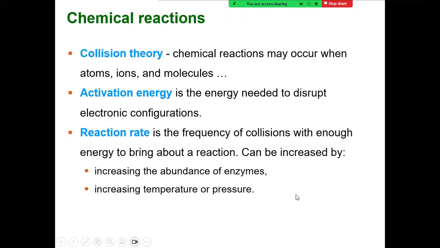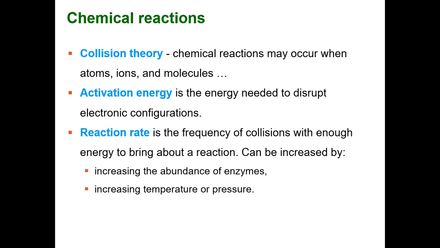Chemical reactions occur according to the collision theory. The collision theory states that chemical reactions may occur when atoms, ions, or molecules collide with each other. When they collide, they can form the product, meaning the last step of the reaction, if they have enough energy for the reaction to proceed.